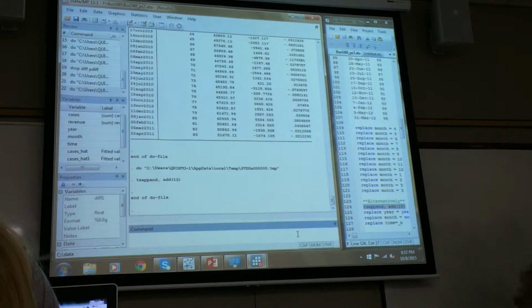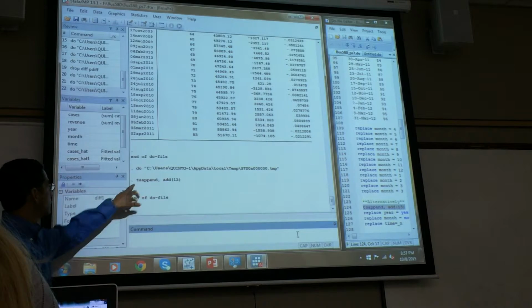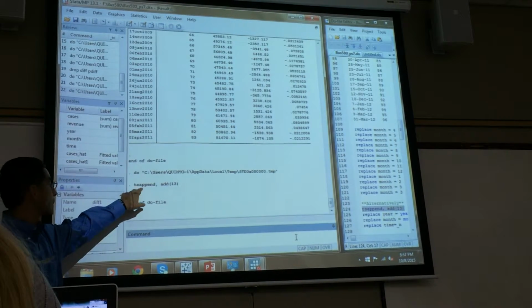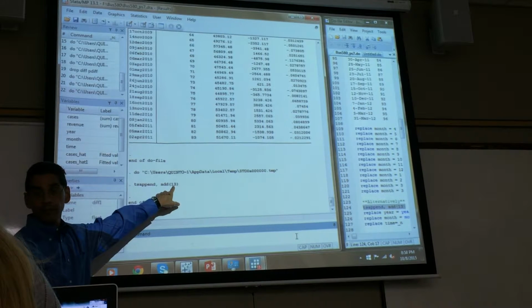Stata has a whole suite of forecasting tools. Time series TS, append, add 13 periods.